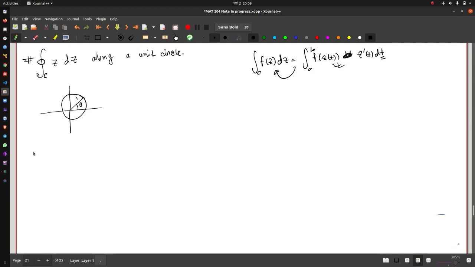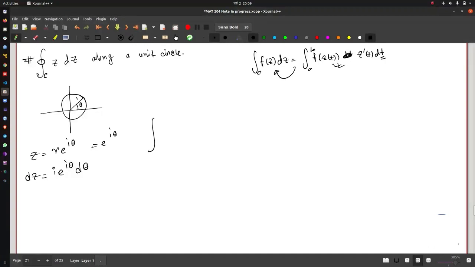So we can parameterize the circle as r e to the power I theta. But r is what? r is just 1, right? So this is just e to the power I theta, and dz would be e to the power I theta times I d theta. This is just the derivative of z. So you put all this in, and how does the parameter vary? The parameter varies from 0 to 2 pi.